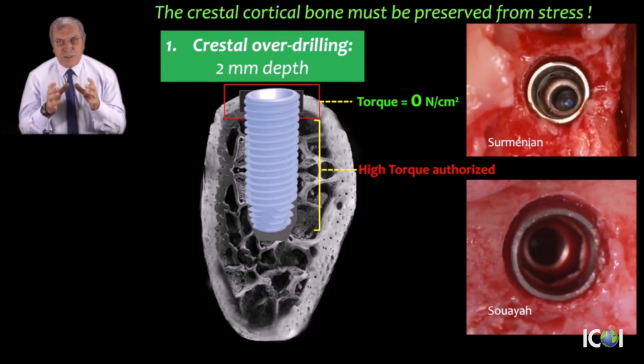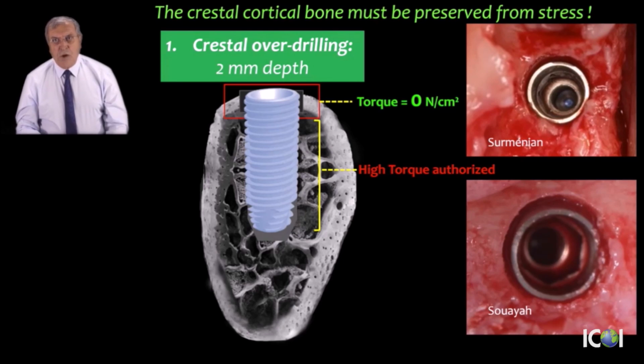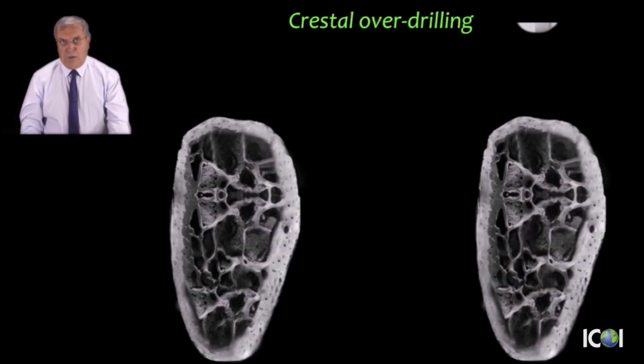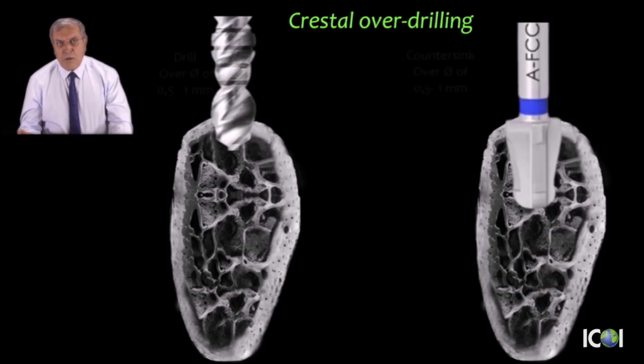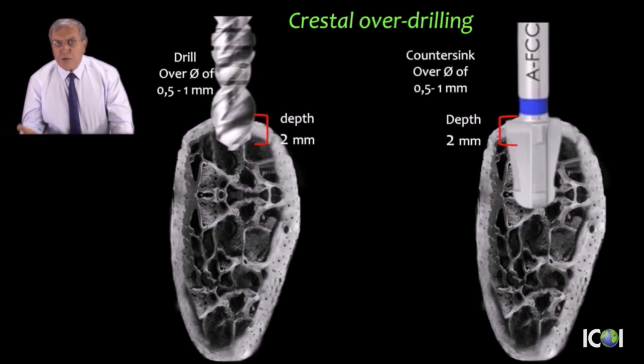We must leave a space between the implant and the cortical bone in order to be sure that this bone will never resorb. How to do it? By a drill, by a countersink, just 2 millimeter depth. And then you definitely save the life of the cortical bone.